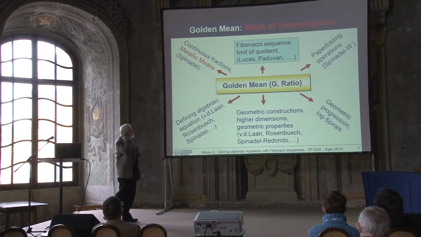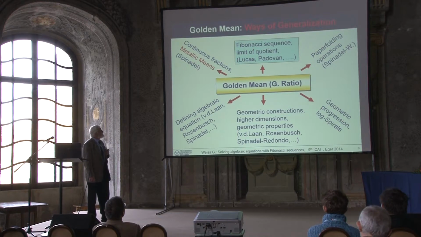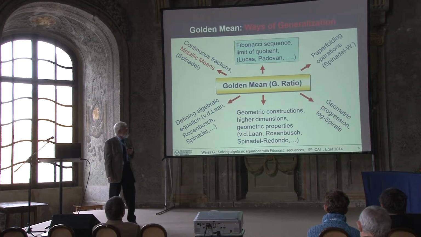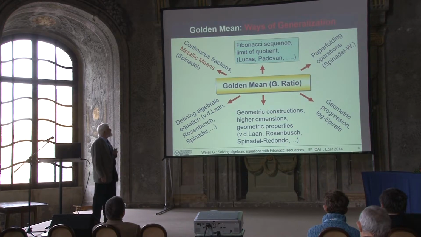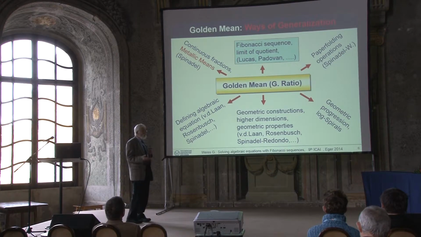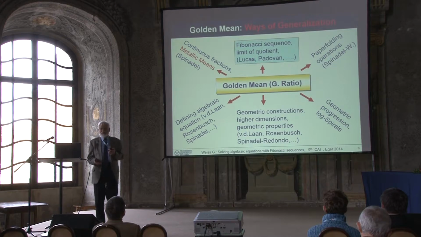The golden mean or golden ratio has to do with limit quotients of the Fibonacci sequence, which are later on generalized to Icai and Padoan series. It has to do with paper folding operations, because the golden mean is a solution of a quadratic equation.